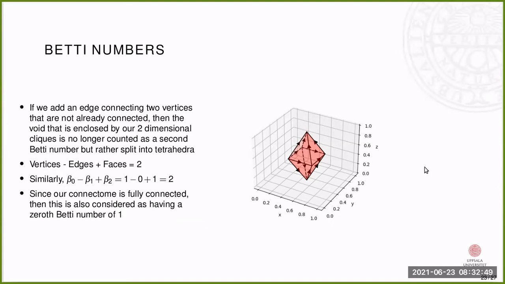And similarly, if we take the alternating sum of the Betti numbers in each dimension, then we also get 2. And as a further point, the connectome that we have is fully connected, so the 0th Betti number is 1, since all vertices are connected in our connectome.